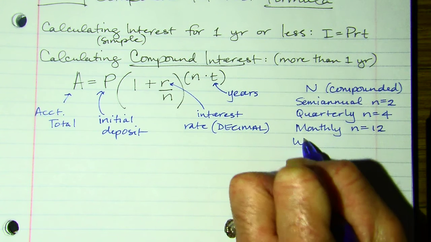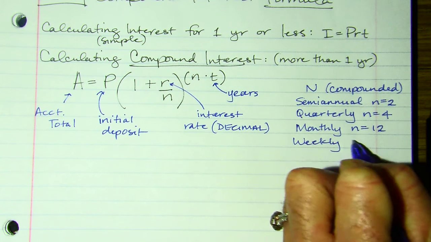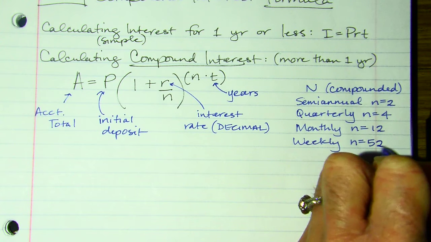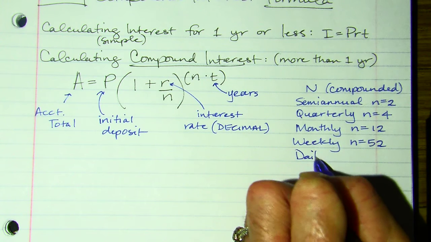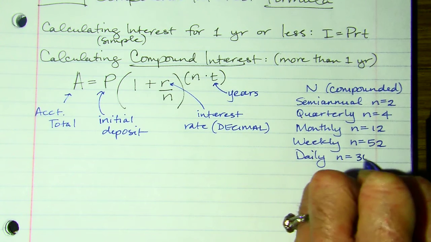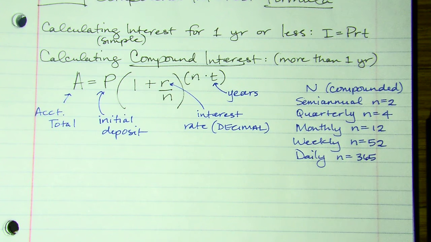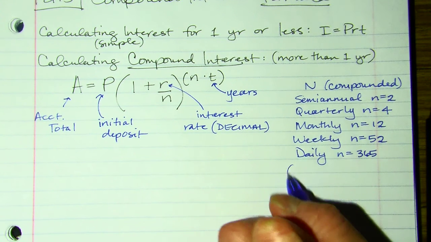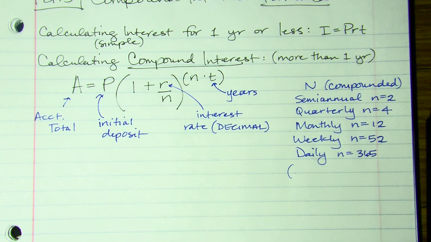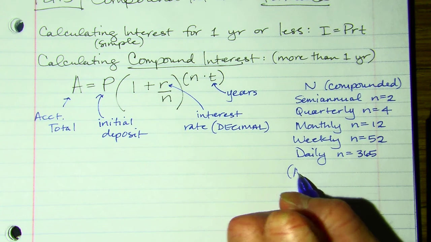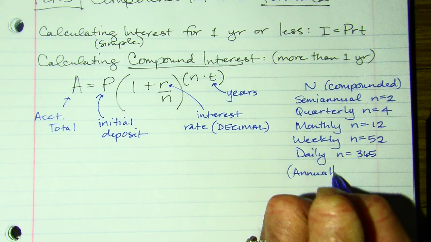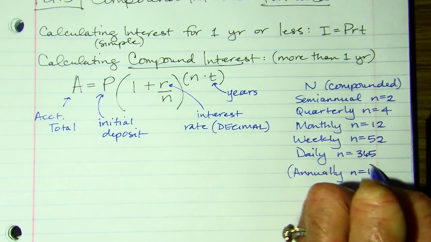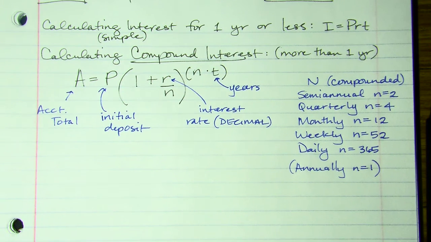If it says weekly, then N equals 52. And daily, N equals 365. Those are the most common. Annually would just be 1. I didn't include that because that's silly to use this formula if it's 1. But if it's annually, then N equals 1 because annual would just mean once a year.